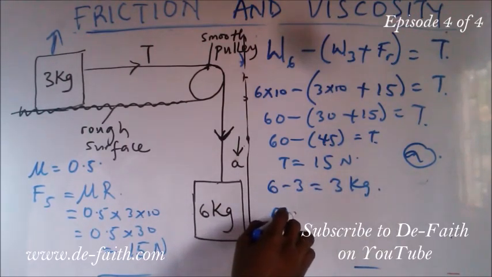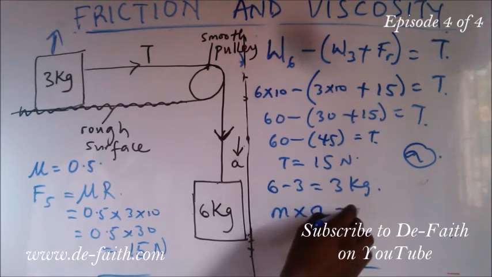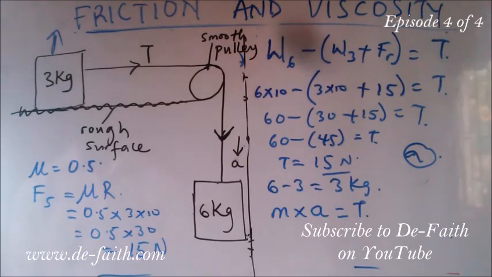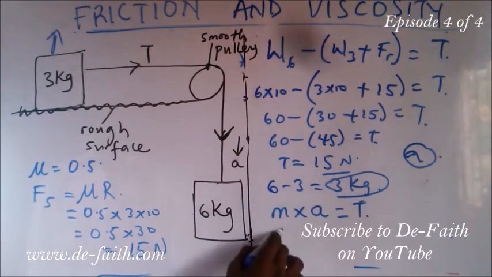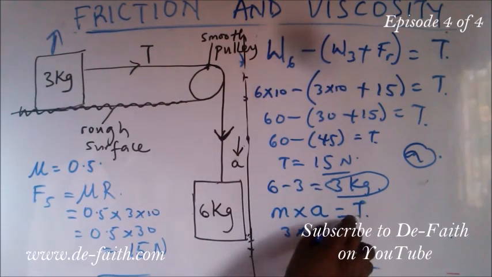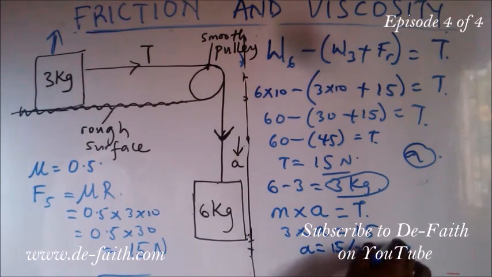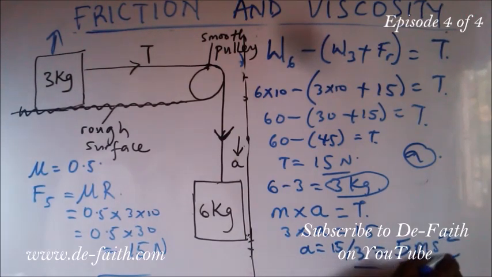So if we have a mass of 3 kilogram times an acceleration, that will give us our tension, which is the T that we got here. The resultant mass is 3 times acceleration equals our T, which is 15. Hence, A equals 15 divided by 3. And so we have 5 meters per second squared as the acceleration of this body.